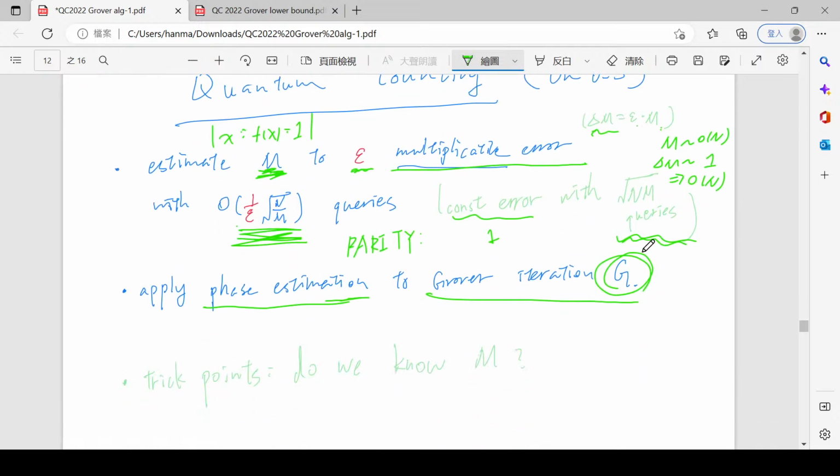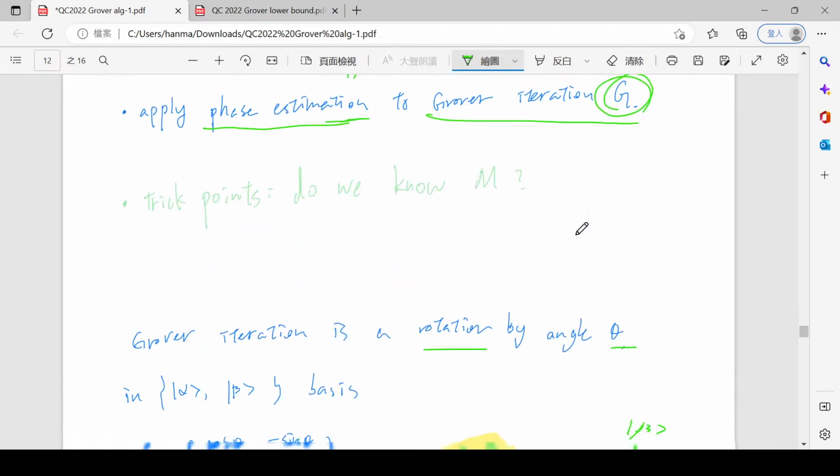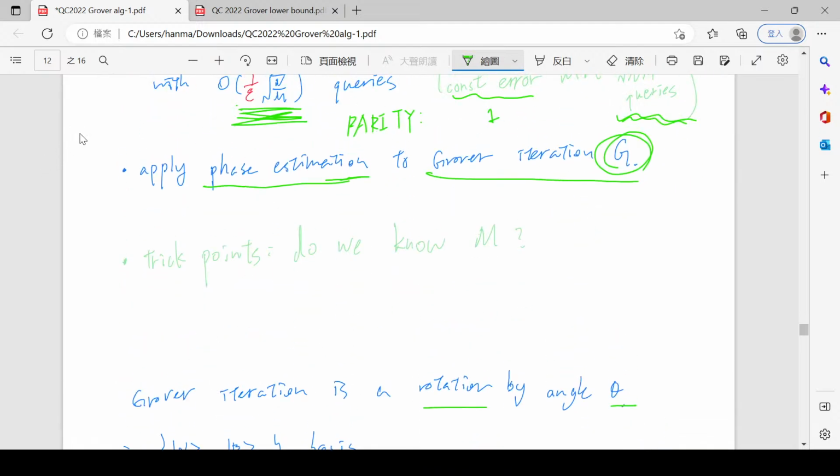And we should have, say here, classical. So classical is this thing squared: 1 over epsilon squared, n over m. And I believe this is a theta. So we have a quadratic speedup for quantum here.